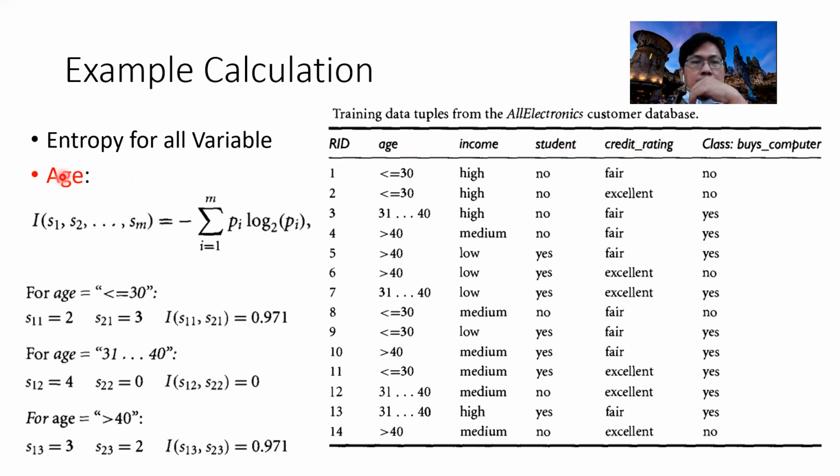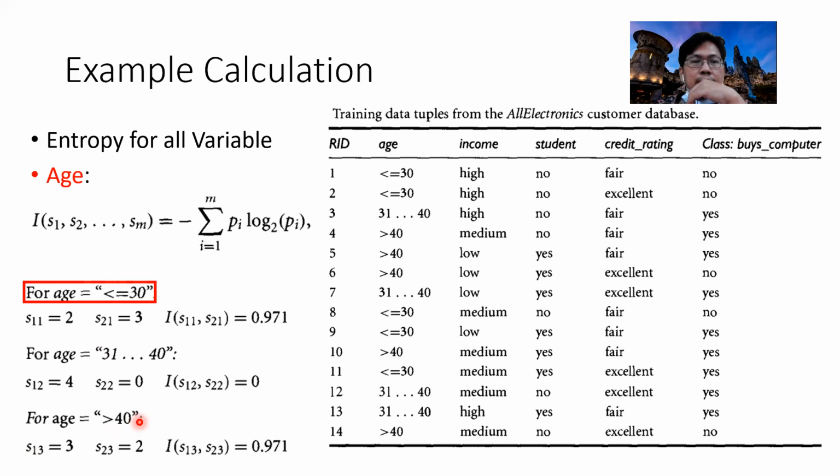First, the age. There are three classes in this age: below 30, 31 to 40, and more than 40.